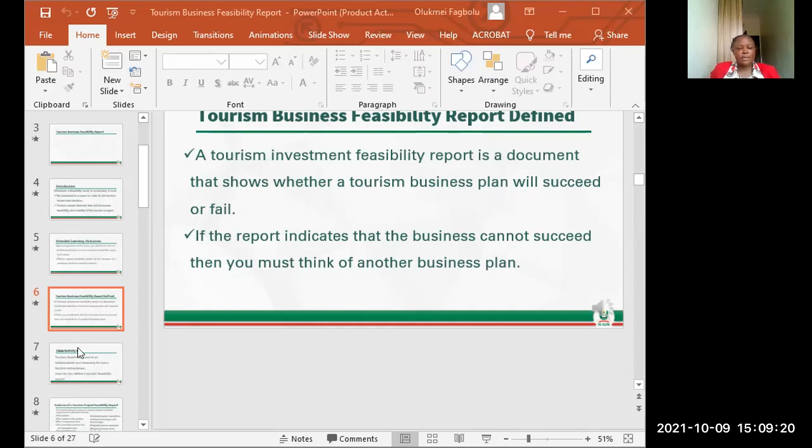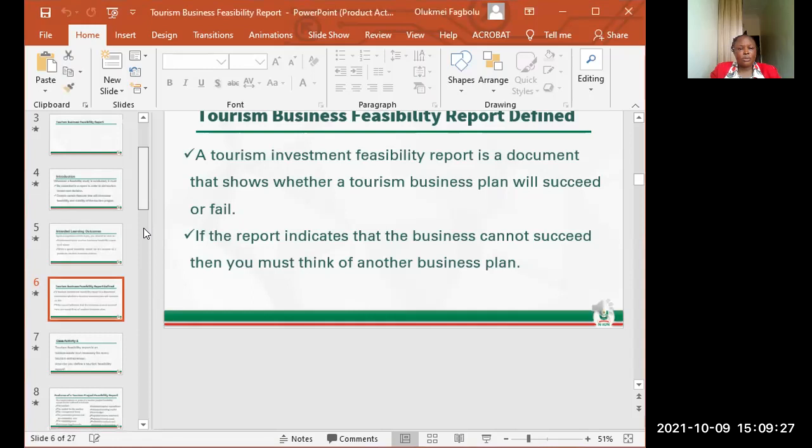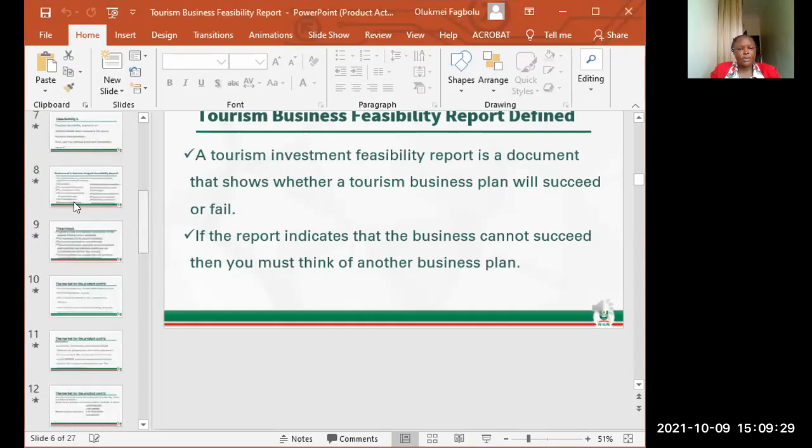After that, we also looked at some elements of a feasibility report.